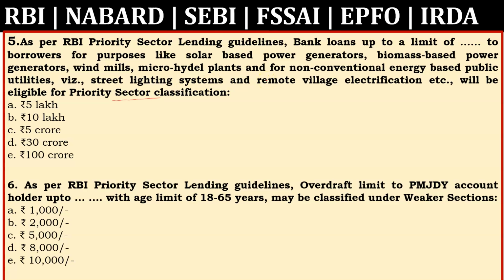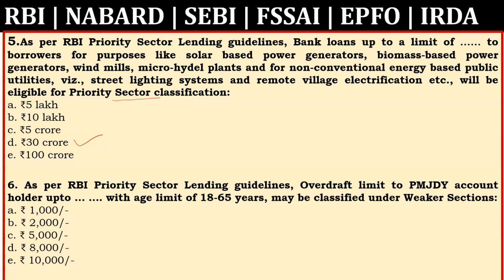Simply put, it is for renewable energy. So the bank loan limit per borrower is 30 crore. 30 crore is the right answer for the renewable energy part, covering solar based power generators, biomass based power generators and these purposes.